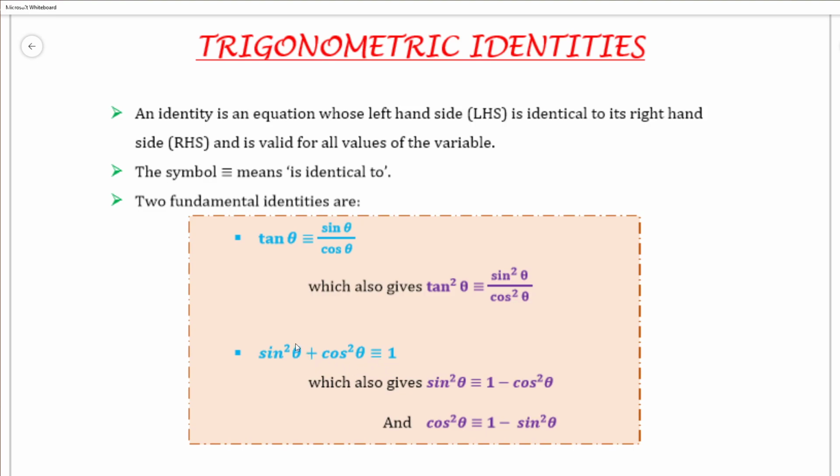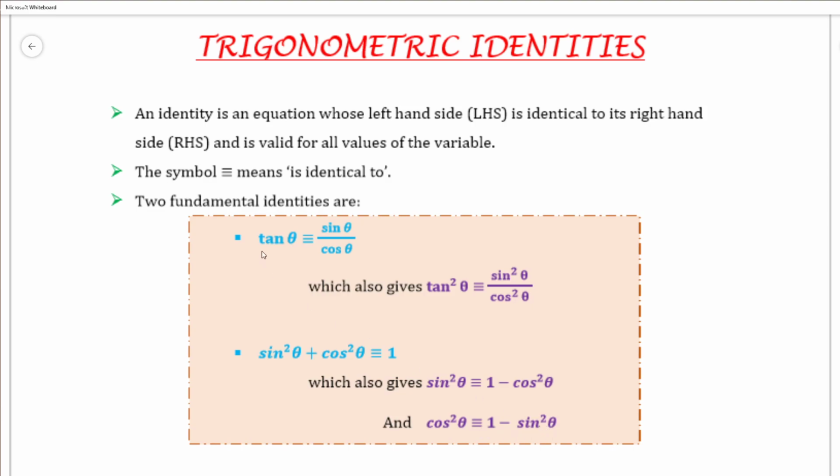And if we should make sine squared theta the subject of the formula, we would have sine squared theta is identical to 1 minus cos squared theta. Similarly, if we should make cos squared theta the subject of the formula, that will give us cos squared theta is identical to 1 minus sine squared theta.